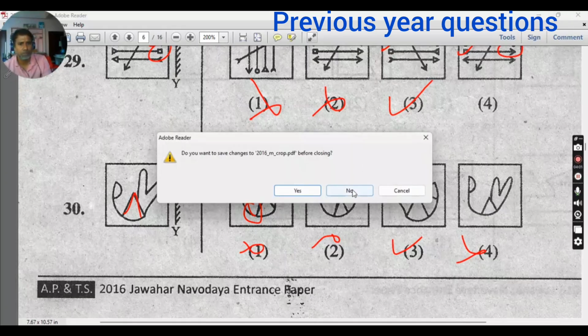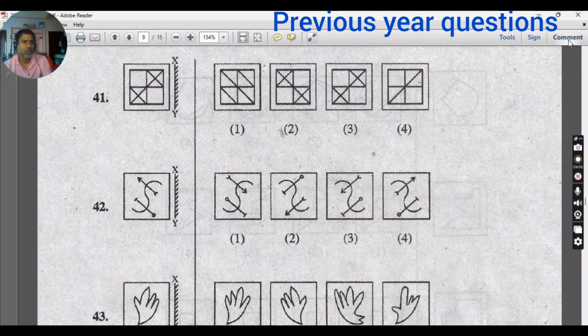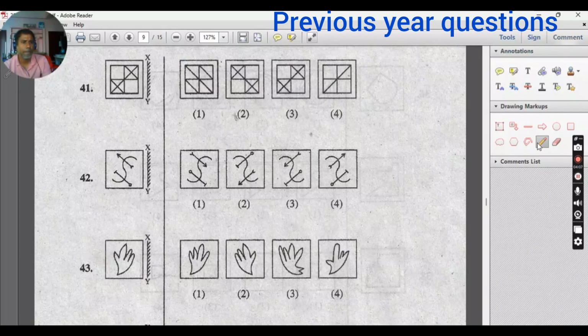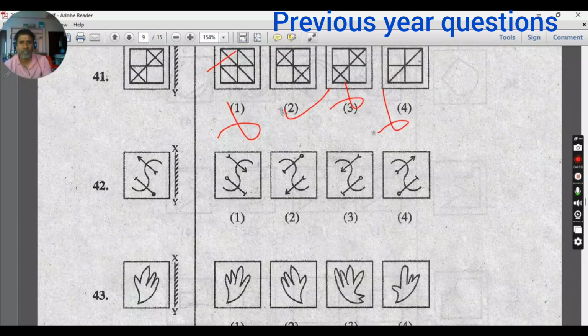Next, you see a square, two X symbols. Here X is not there, so this is wrong. X, okay, this is wrong, so this is the correct answer.